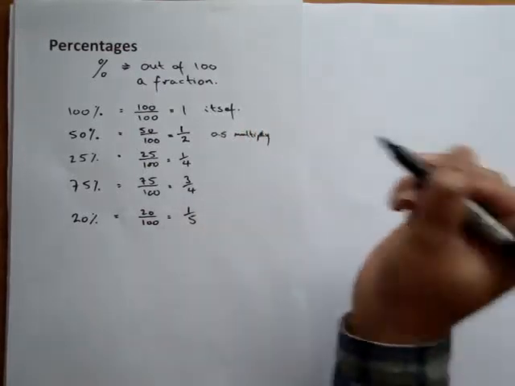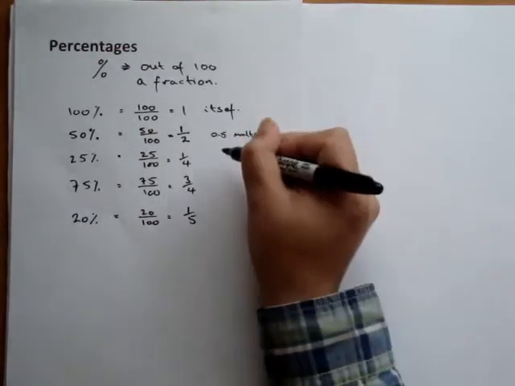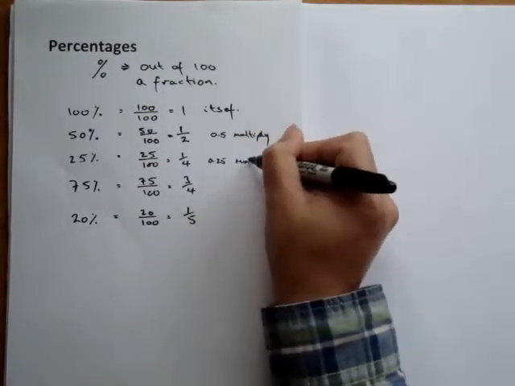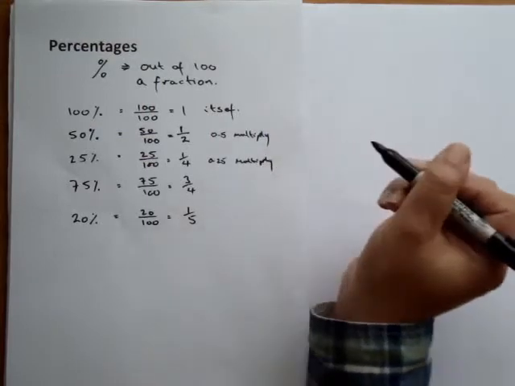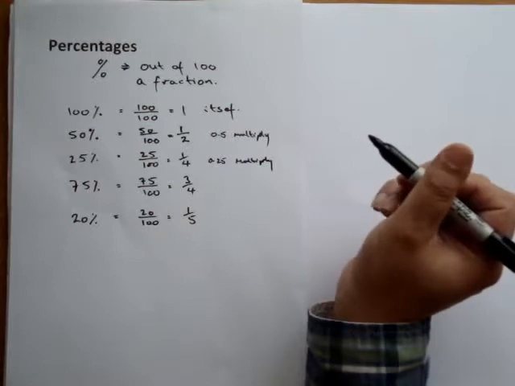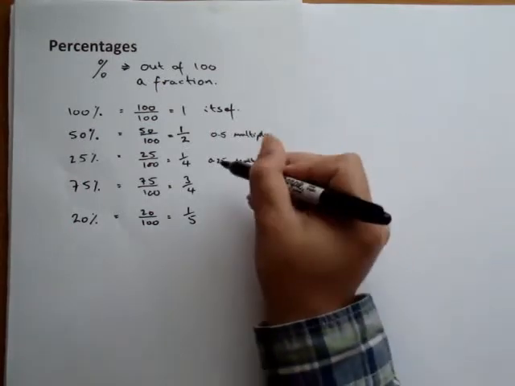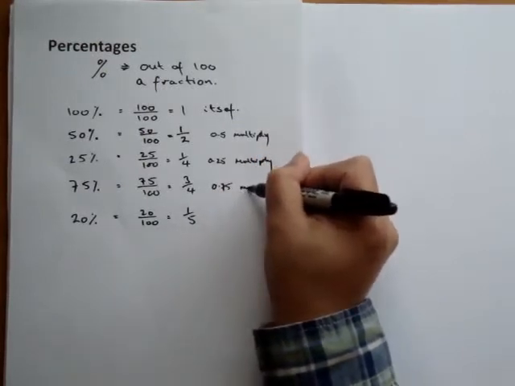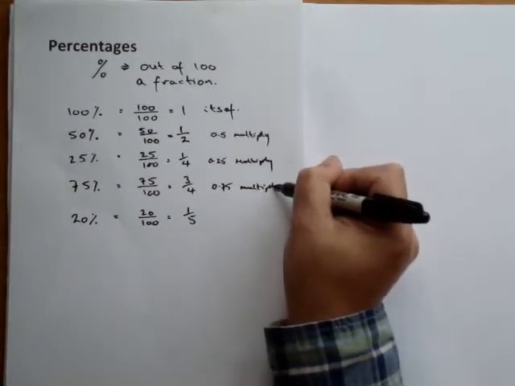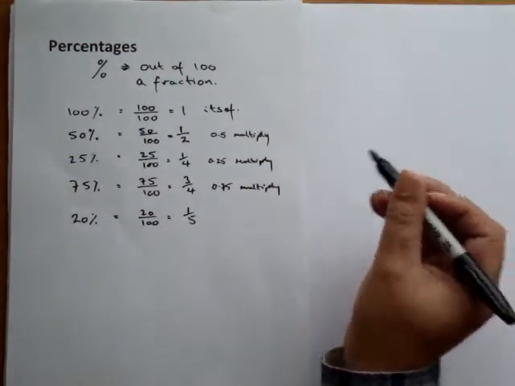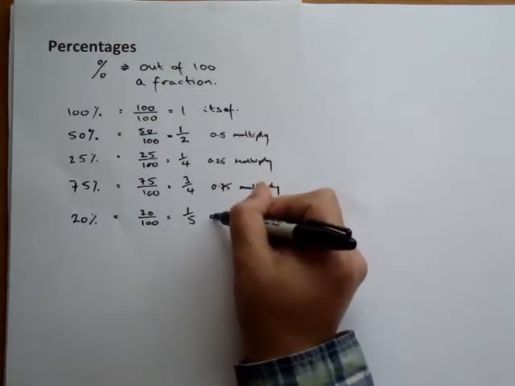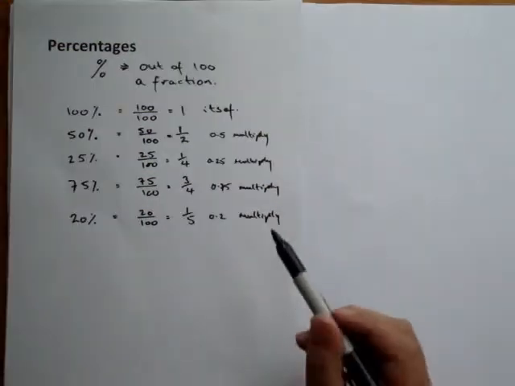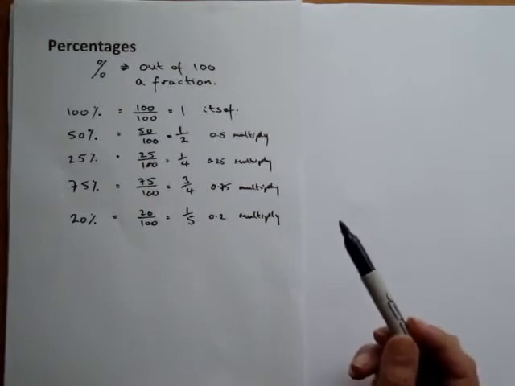As a quarter, 25% is 0.25 as a decimal, and we multiply the number by 0.25 to get 25%. 75% similarly is 0.75, so we'd multiply the number by 0.75 to get 75%. 20% is 0.2, so we'd multiply the number by 0.2 to get 20%.